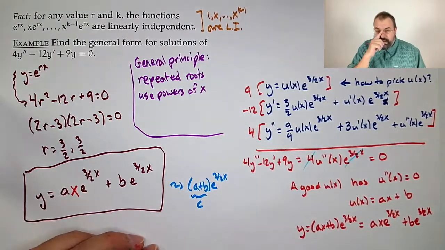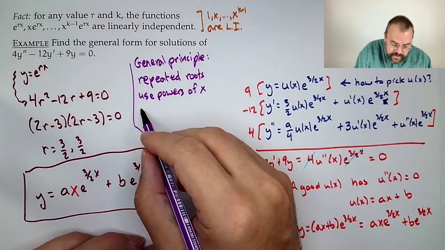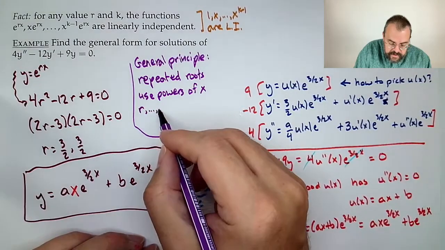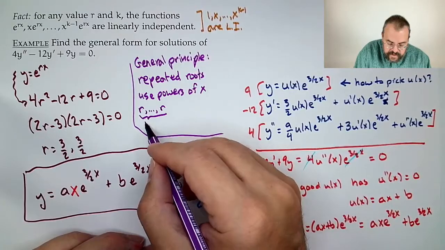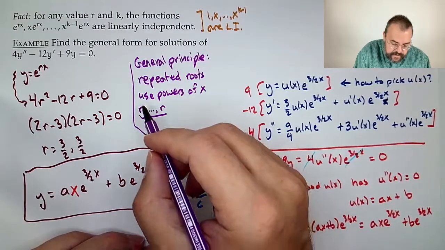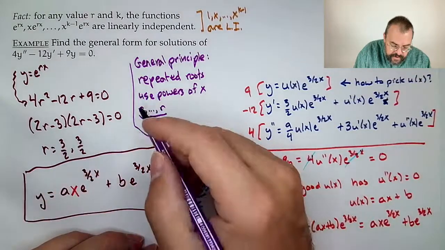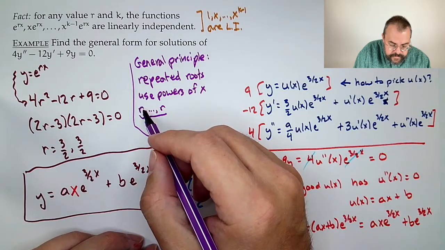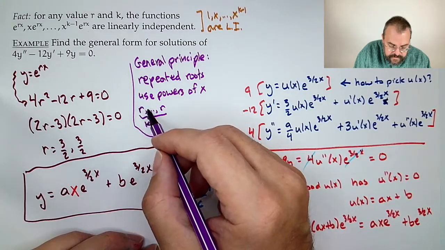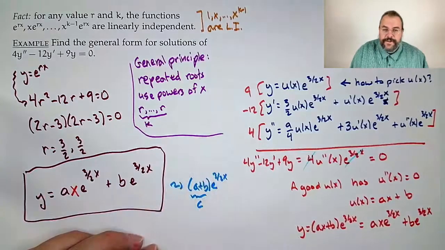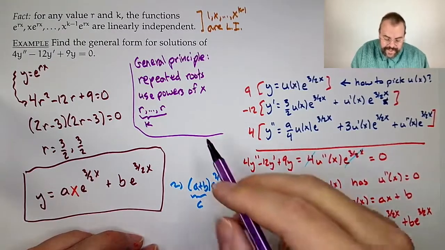In particular, suppose you have a root r repeated k times. Well, I shouldn't call it r because r is my variable, but let's just say our roots are r, k times.